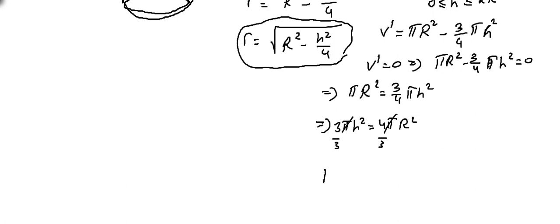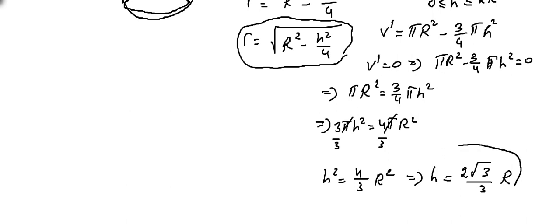So the answer will be h squared is equal to 4 over 3 R squared. And h is a positive value, we said. This means h is equal to positive 2 radical 3 over 3 R. We take the radical of the other side, simplify and rationalize, and we end up with 2 radical 3 over 3 R.